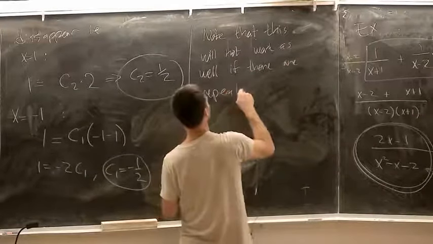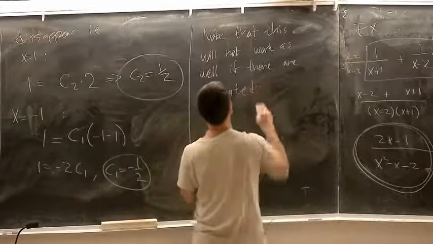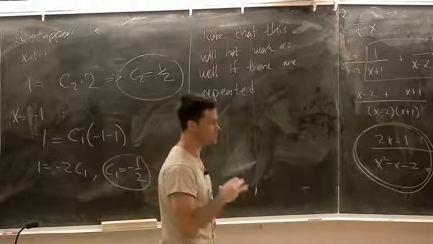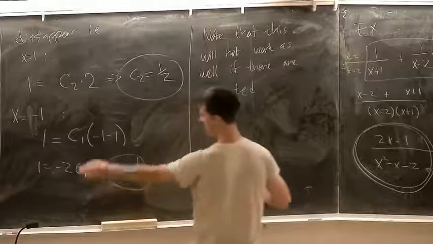I said it doesn't work as well because it still kind of works. It may give you some of them, but you can't use it for all of them. You may still very well want to use this trick even if there are repeated roots. It's not going to give you all of the constants.